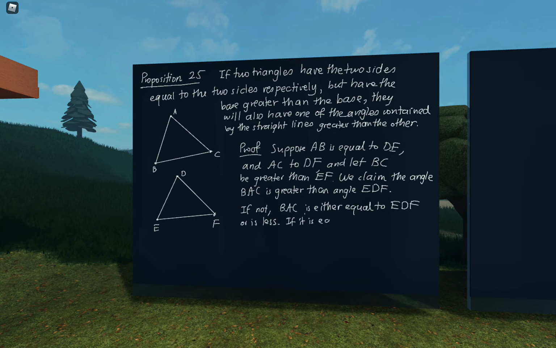If it is equal, then by proposition 4, BC would be equal to EF, but it is not. Okay, so BAC is not equal to EDF.